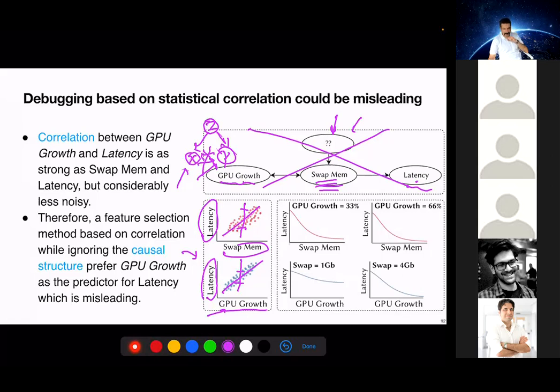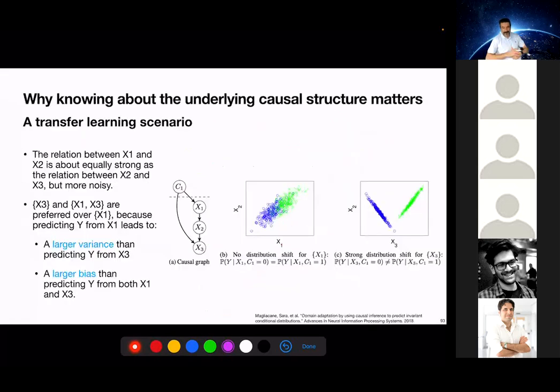Fantastic, thanks, Rahul. You can consider an even more interesting scenario when it comes to transfer learning, right? This is also work that we are exploring from the theoretical perspective with Muhammad Ali. So imagine that we have a scenario where the task is to predict X2.